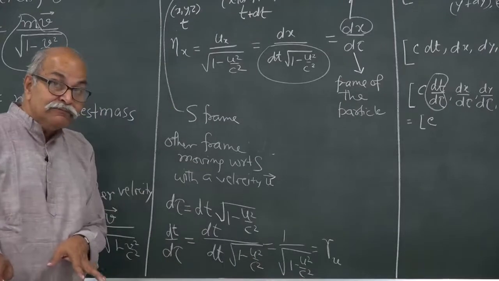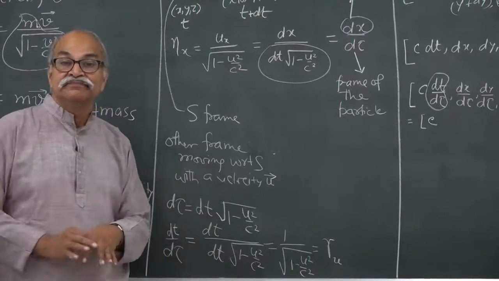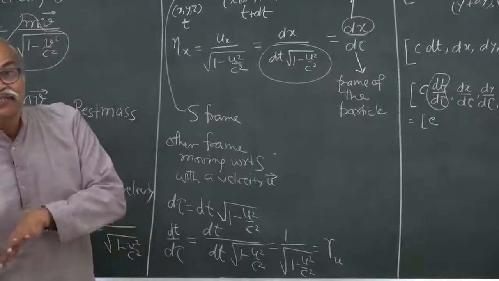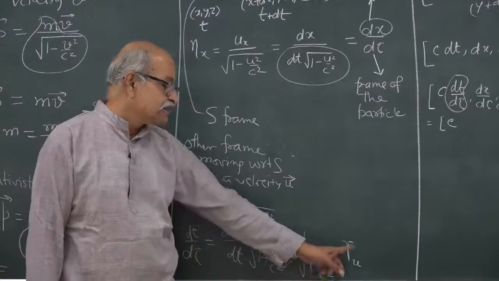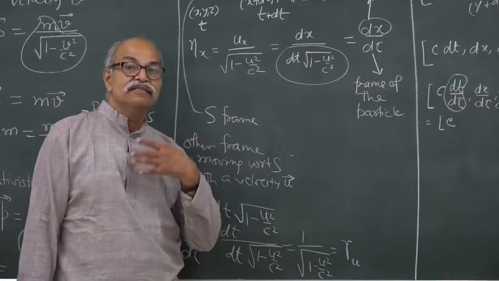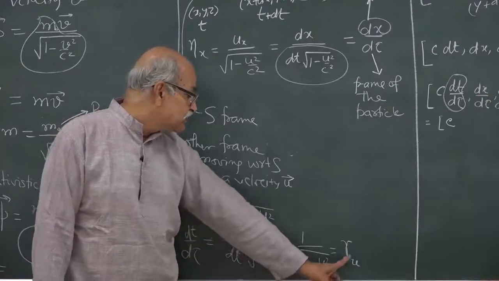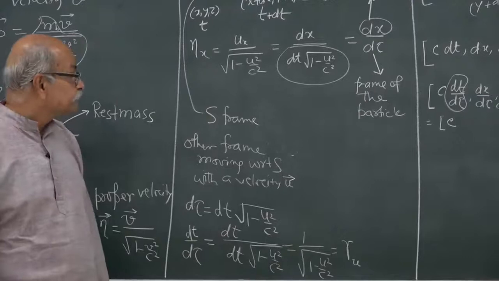If I change frame from S to S prime, the velocity of the particle will change, the speed changes, and this gamma will also change. So this will have different values in different frames. Let me put this u here to remind that the speed of the particle is u.